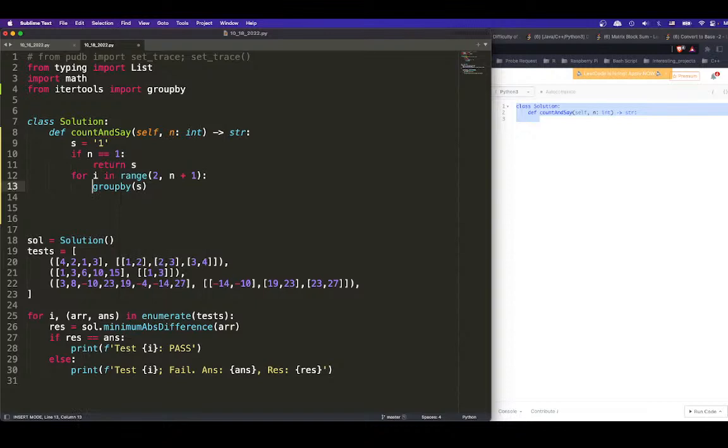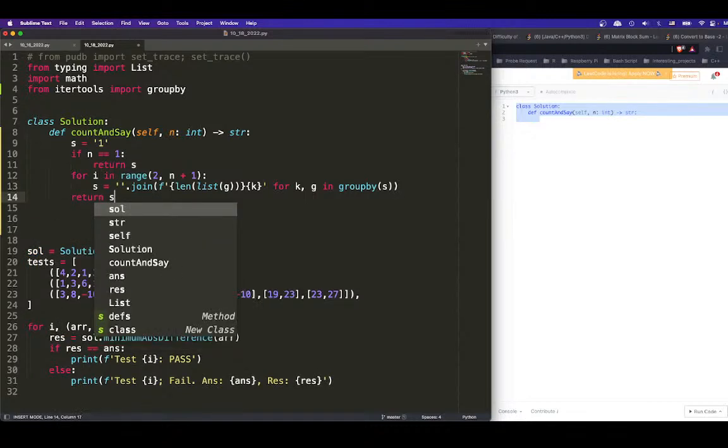And then we say for k, g in this, and then we can say length list of g, and then k. So we're going to do it with an f-string. So this and k, right? And then s equals a join. Then we'll return s.